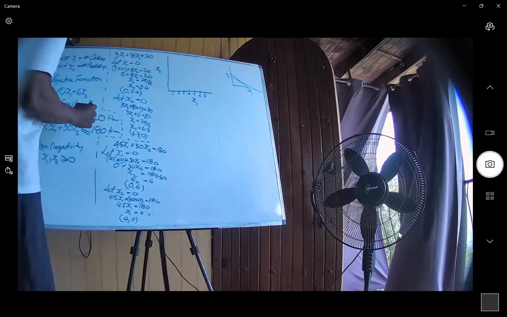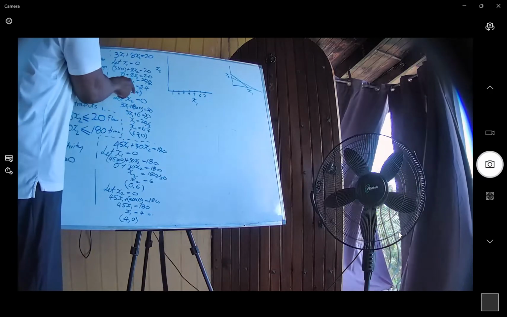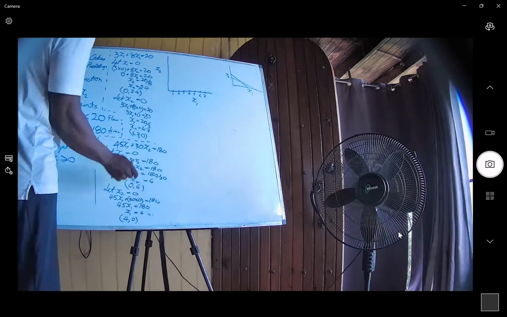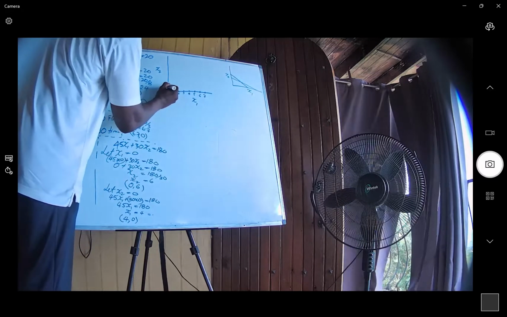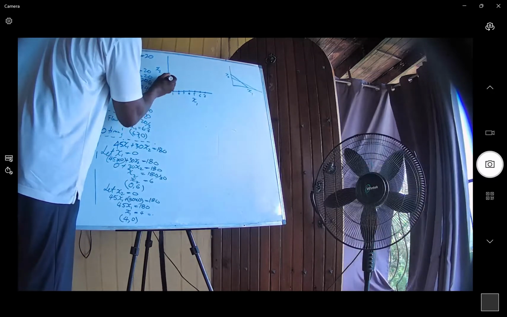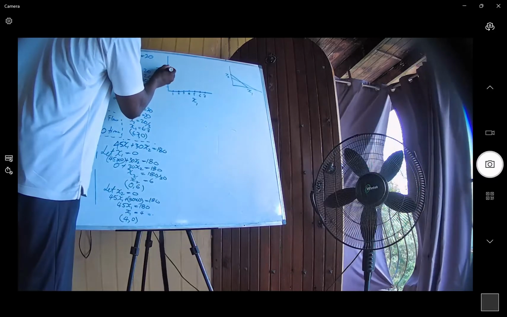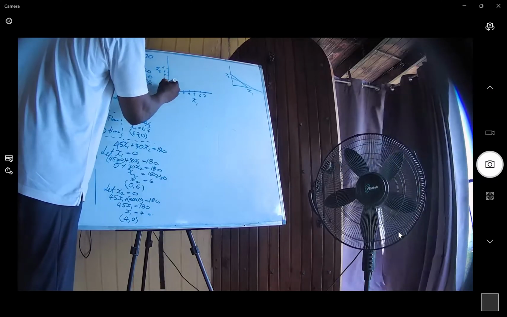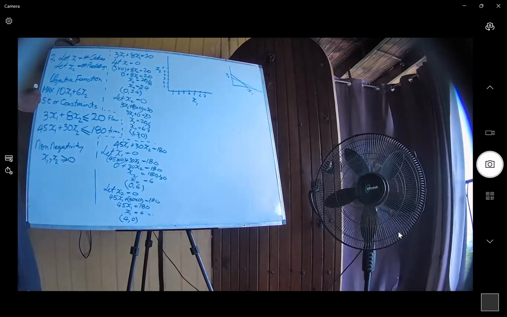And my x2, where do I go? 2.4, still 6. That goes to 6. You see it? All right, now I'm ready to plot my graph.